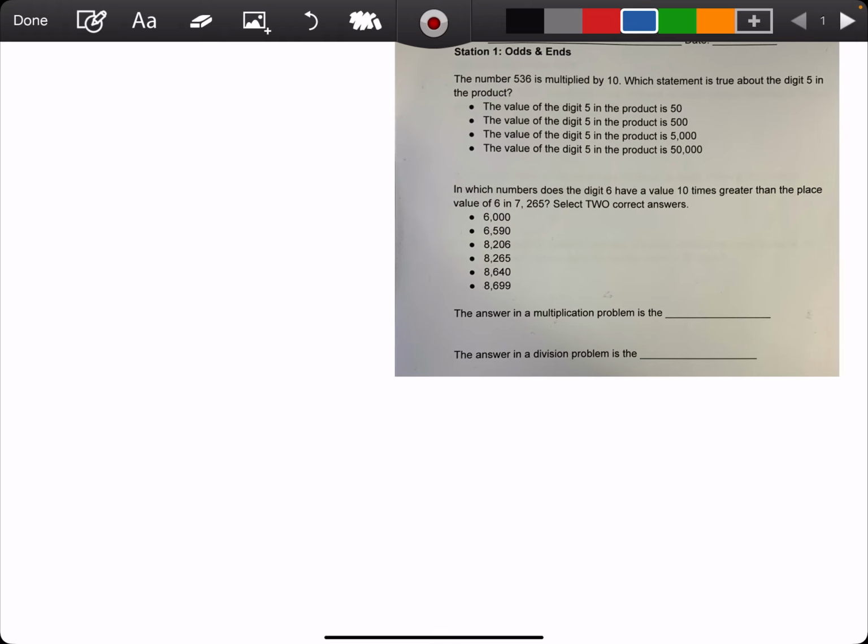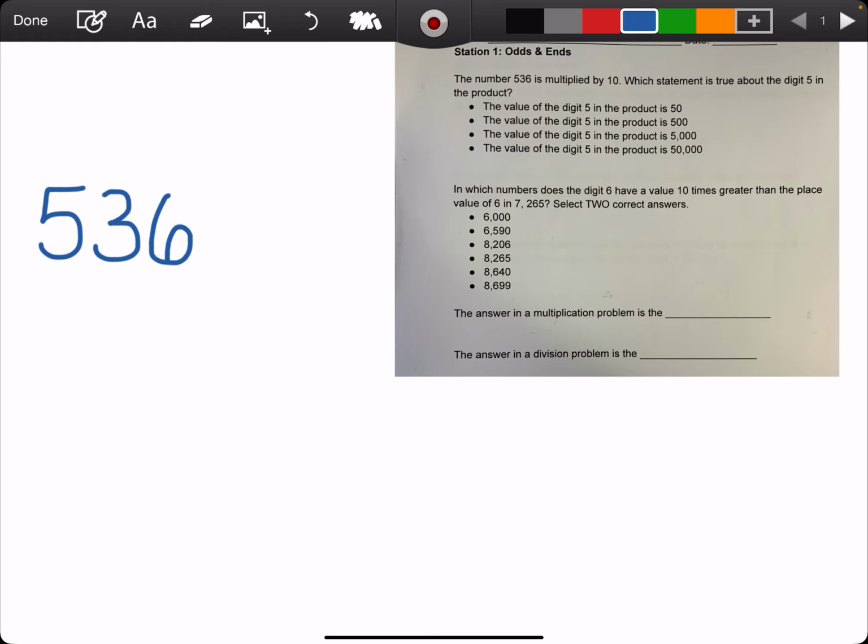The number 536 is multiplied by 10. Which statement is true about the digit 5 in the product? So I have 536, so I'm going to write that.